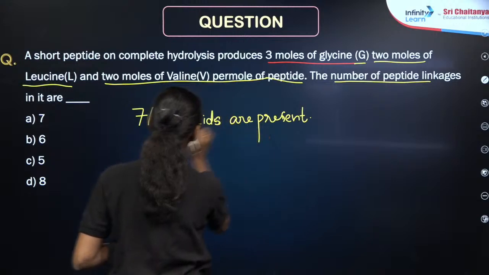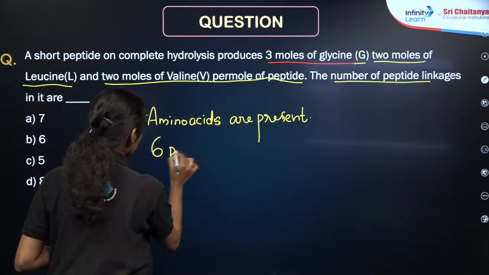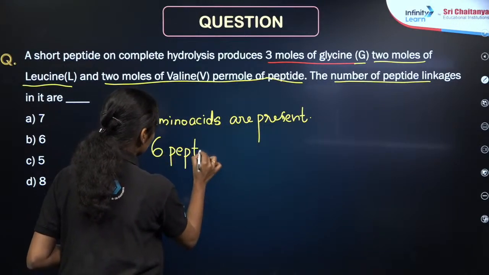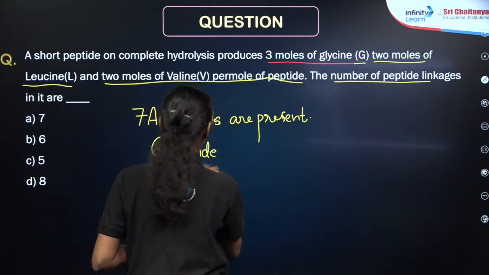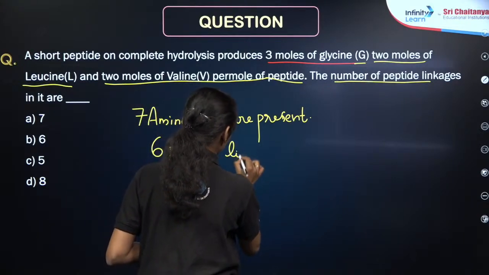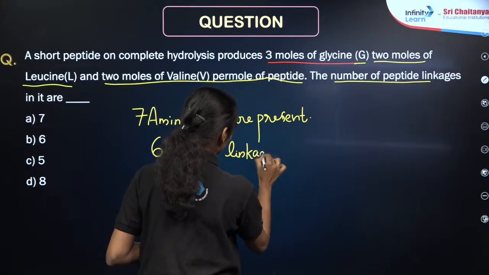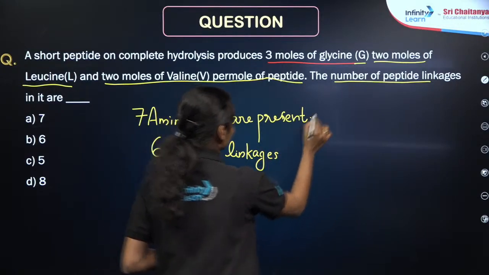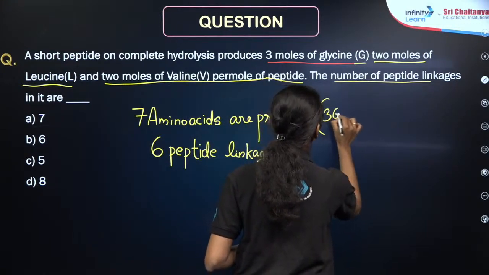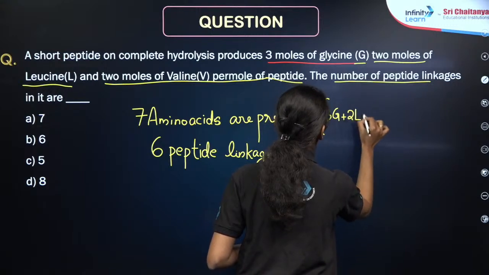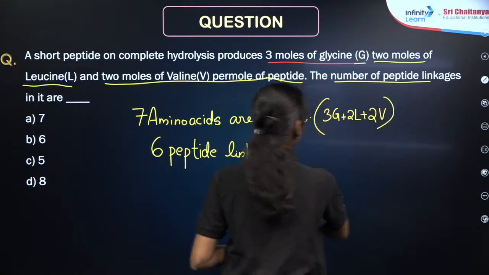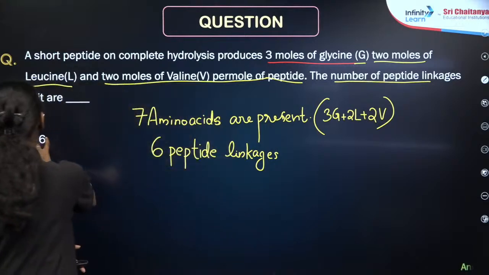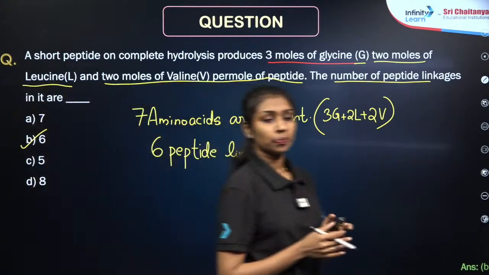So, we can say that there will be 6 peptide linkages. 6 peptide linkages are present in this particular peptide. Option B will be the correct answer. Clear?